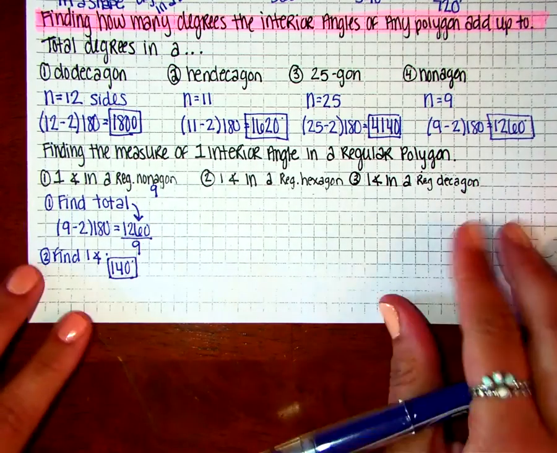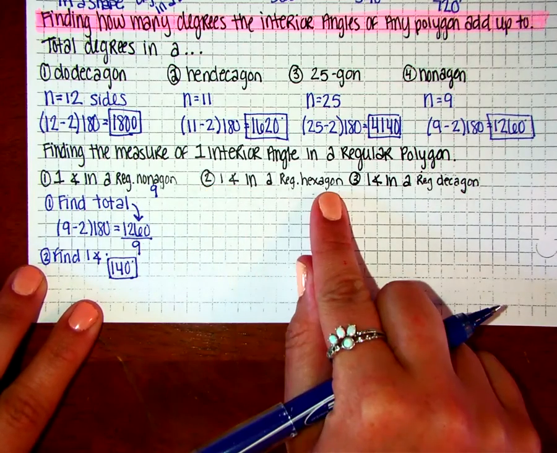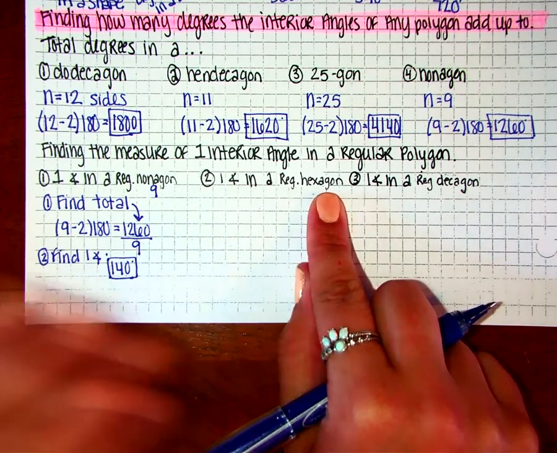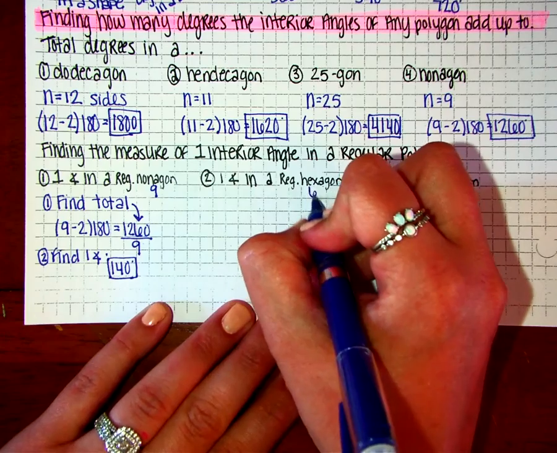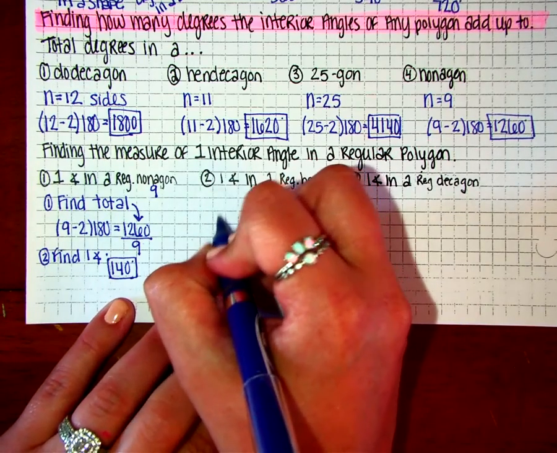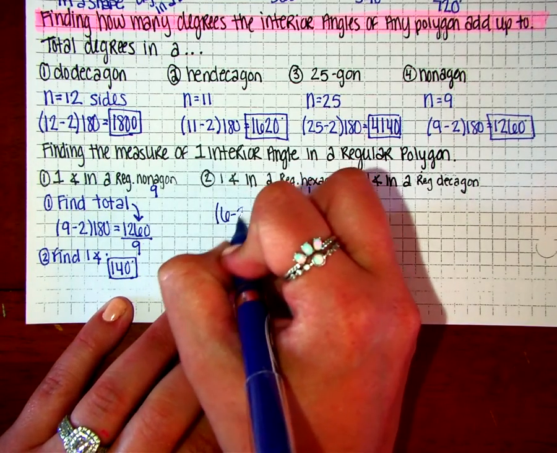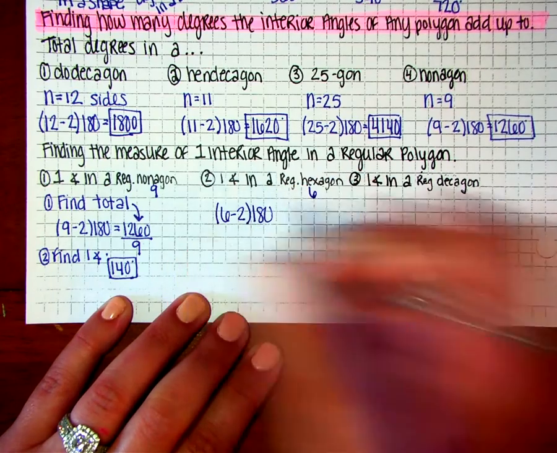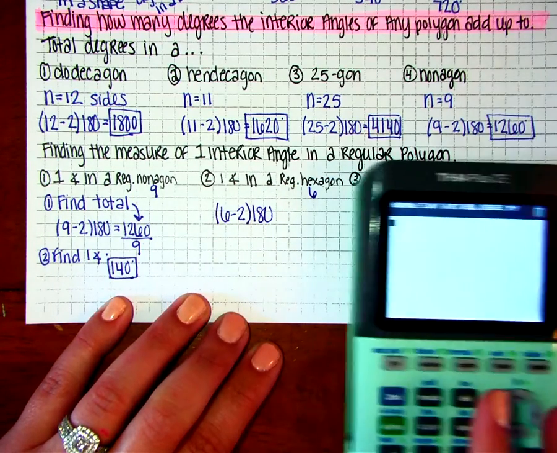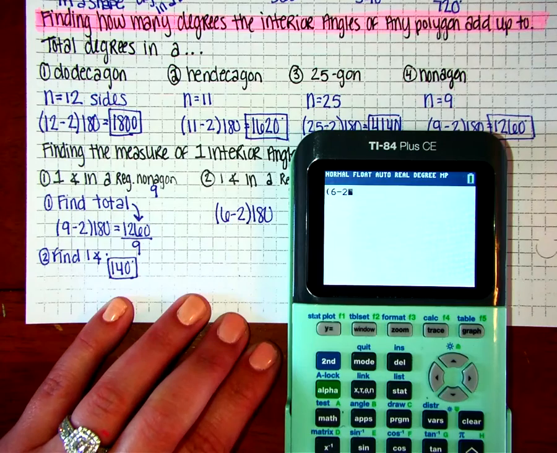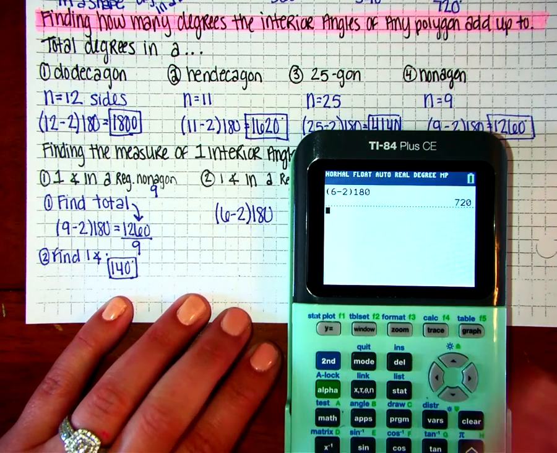So let's continue. One angle in a regular hexagon. So using our chart up top, hexagons have 6 sides. So first, I need to know the total before I can break it up. So 6 minus 2 times 180, in parentheses, is 720.